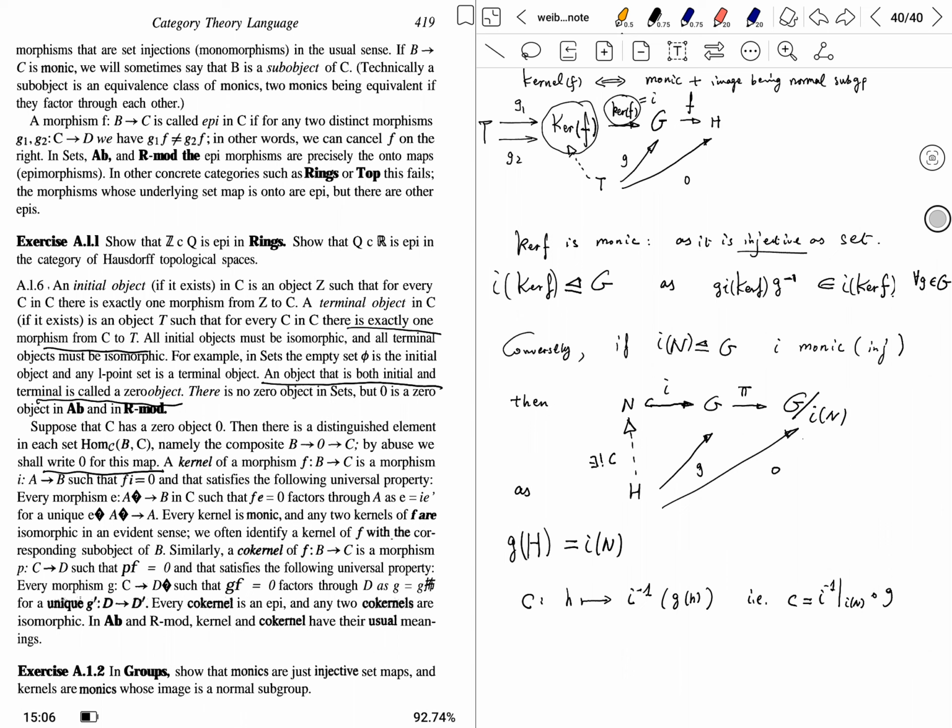This just comes from the computation that f acting on this is still 0.